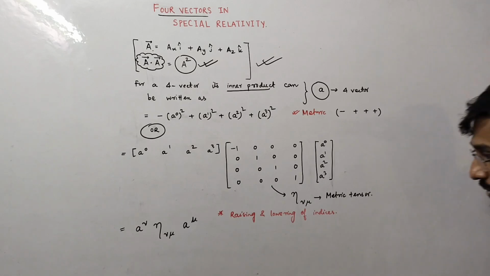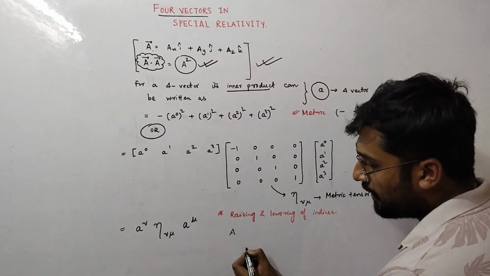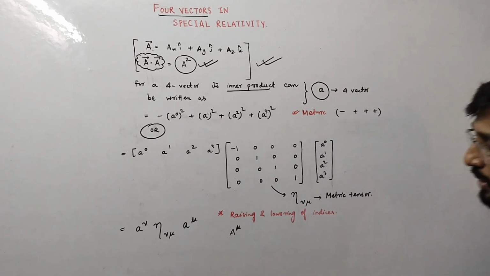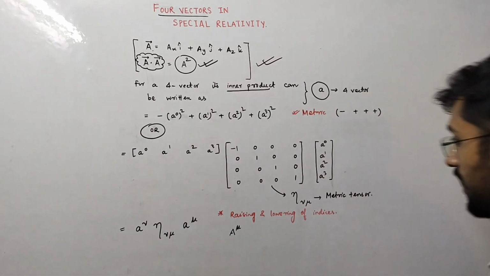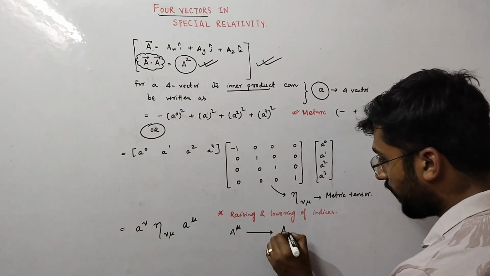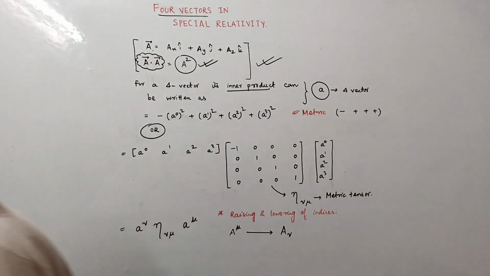Suppose I have a tensor that is written in this format A mu. Now you people know that this is basically a contravariant tensor or a contravariant vector of rank 1. Now what I need to do is write this in this form. What I'm trying to say, please understand this.